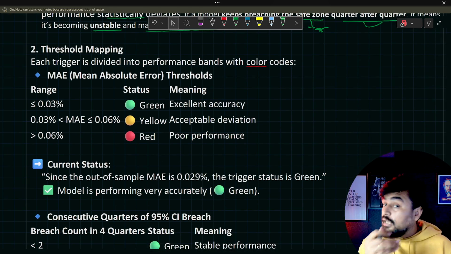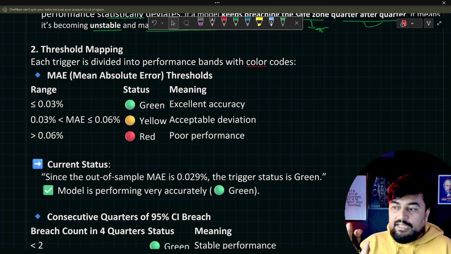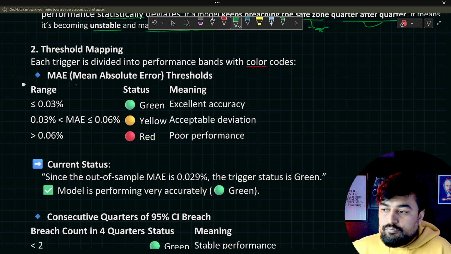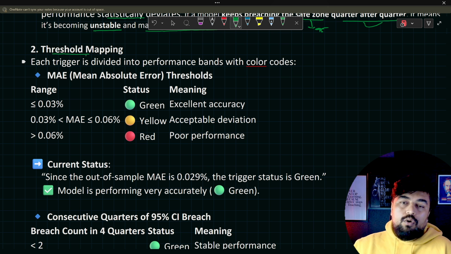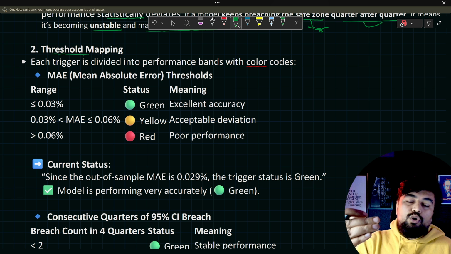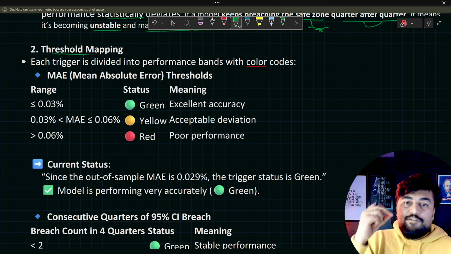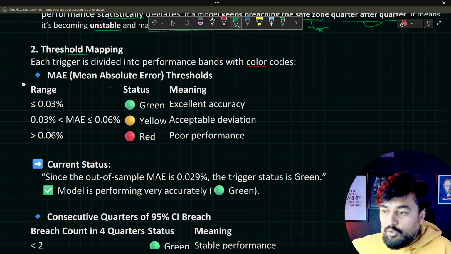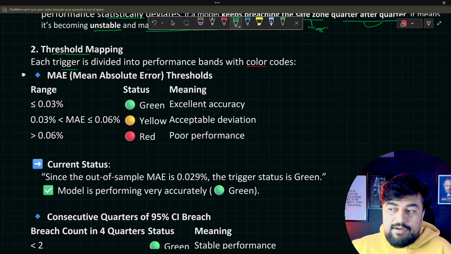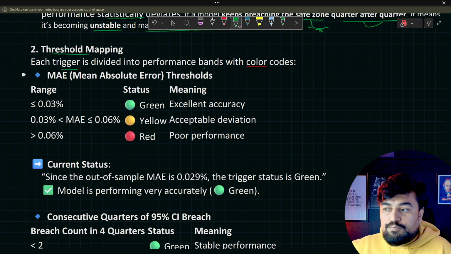Now let's talk about the threshold mapping, and how it is usually used in the industry. In industry, threshold usually talks about the maximum value we can assume for a particular interval. Each trigger is divided into a performance band.